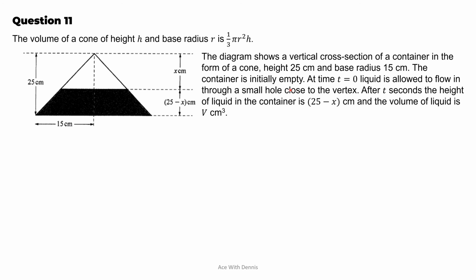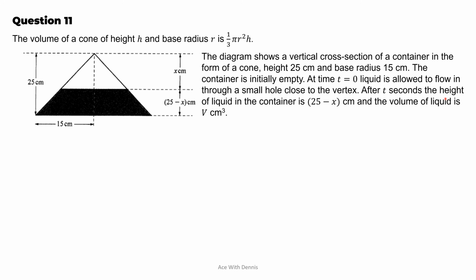The container is initially empty. At time t equals 0, liquid is allowed to flow in through a small hole close to the vertex. So it's over here with a small hole. The liquid is allowed to flow into here with a hole.